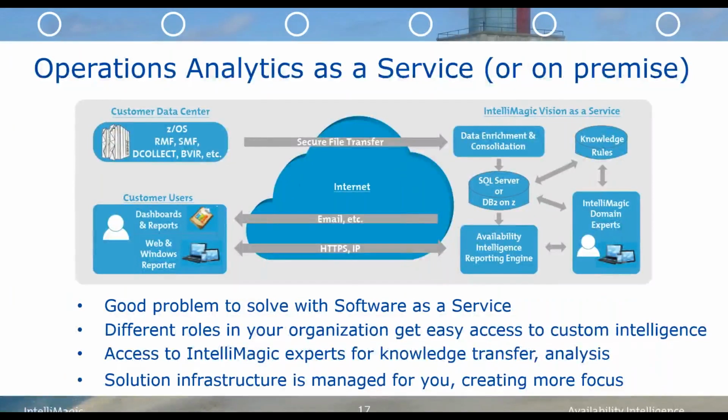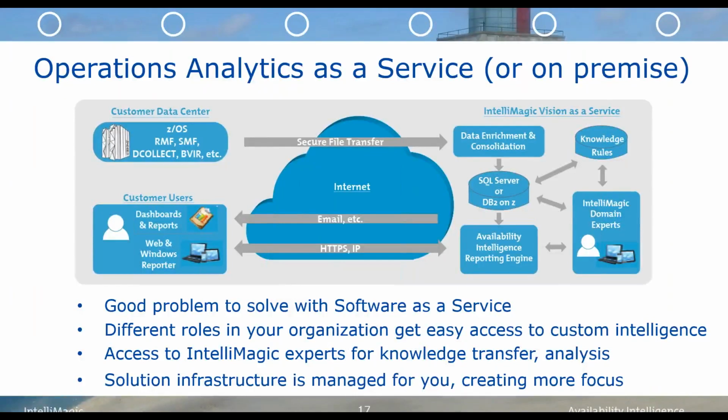Finally, this is my last slide just to help you understand how we are delivering this modernization to our customers. And this is a software as a service implementation diagram. Basically, it's surprising how easy and quick it is for customers just to start sending us some data.